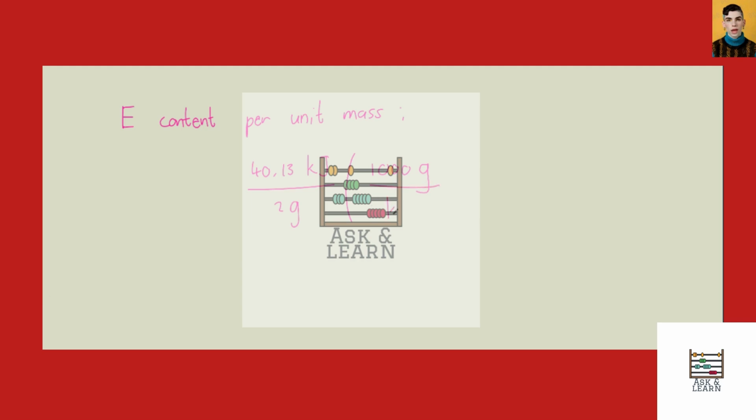So 1,000 grams make a kilogram, and hence we get the energy content of the food per unit mass to be 20,060 kilojoules per kg. So that's the energy content in the food per unit mass.